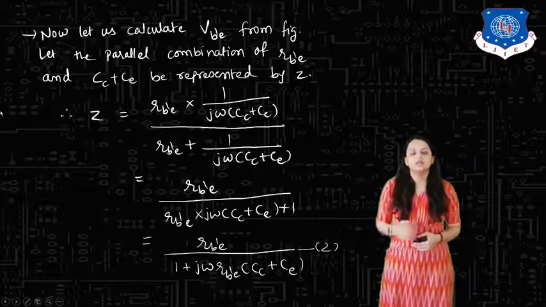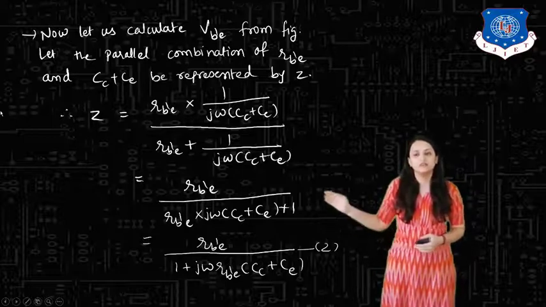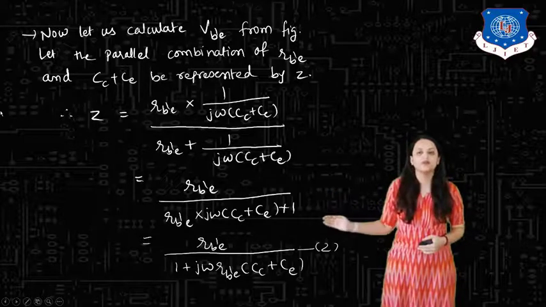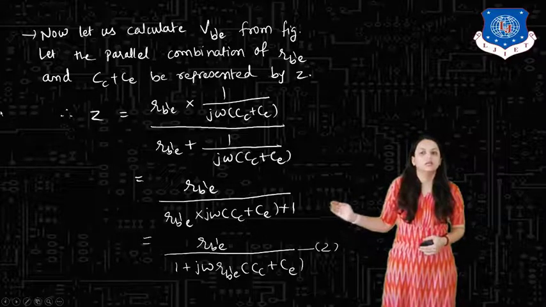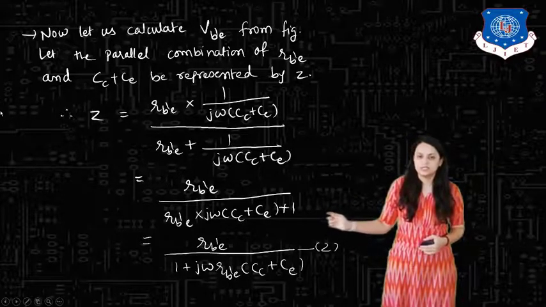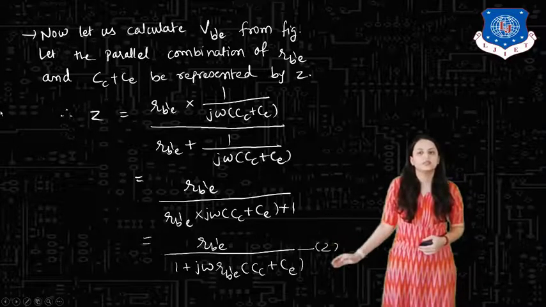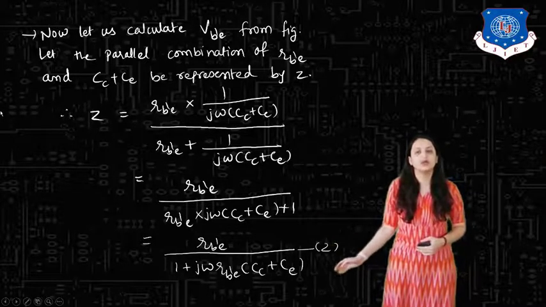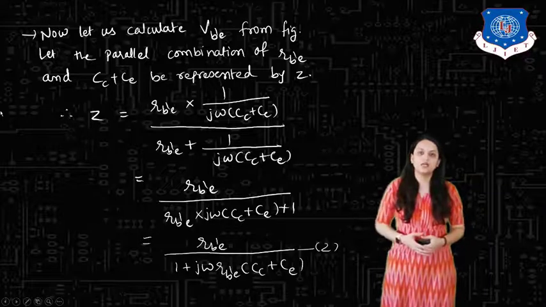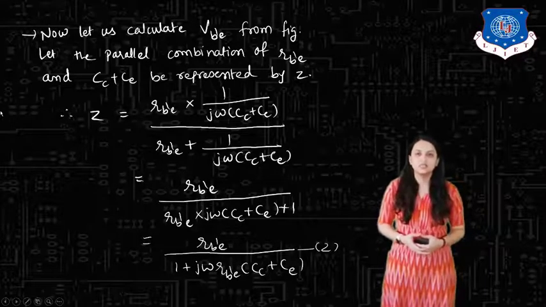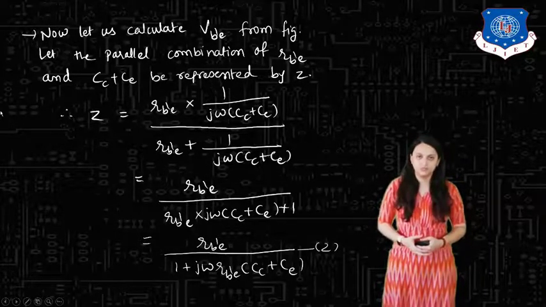Okay. If we simplify it further, that will be equal to RB'E divided by RB'E into j omega in the bracket (Ce plus Cc) plus 1, that is equal to RB'E upon 1 plus j omega RB'E into (Cc plus Ce). This is equation number 2.